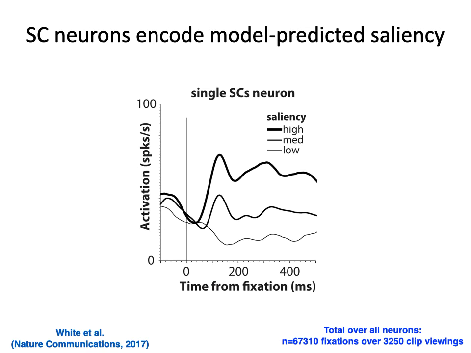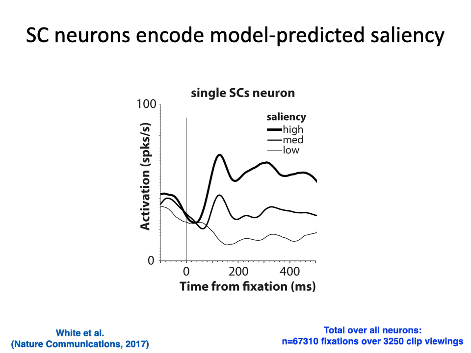Then we are going to measure, for each of those tertiles, what was the actual activation of the neuron that we recorded from. And indeed, as expected, we find that when the model predicted that the salience inside the receptive field of the neuron is currently low, then the activation that we recorded, the number of spikes per second, was indeed low.